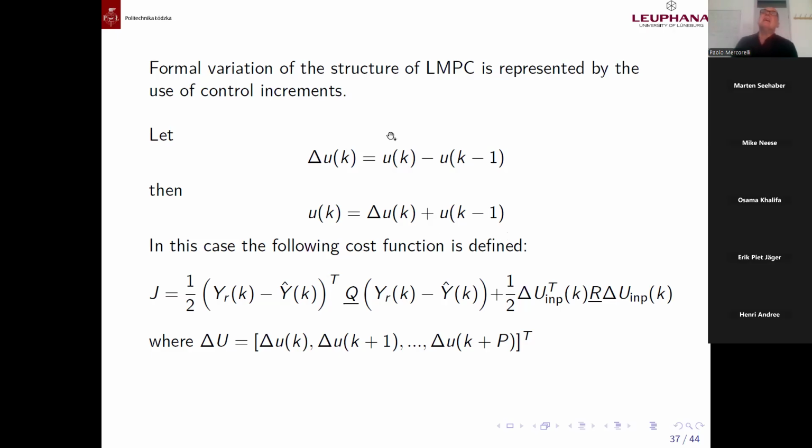Let me consider the increment of U. UK minus 1 is the past U. Everything in the past I can store. I can redefine my cost function in terms of delta. Basically, it's just a formal position.